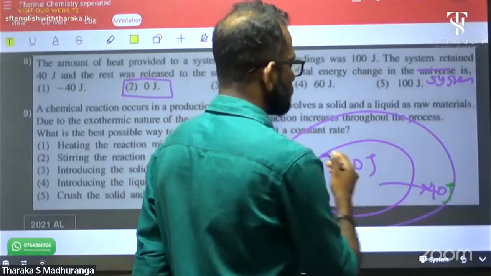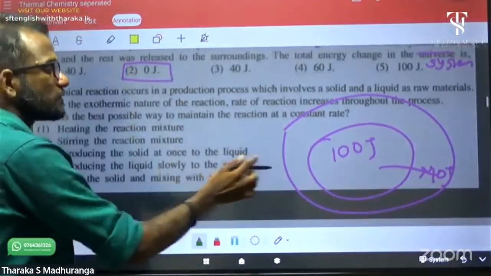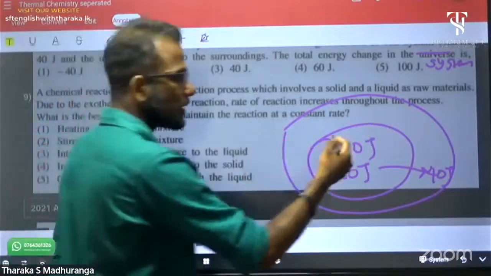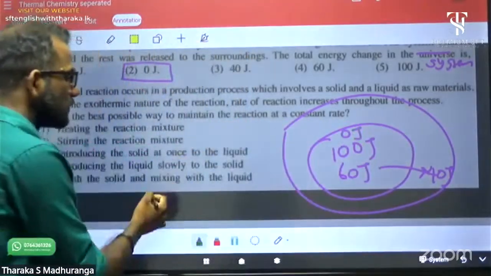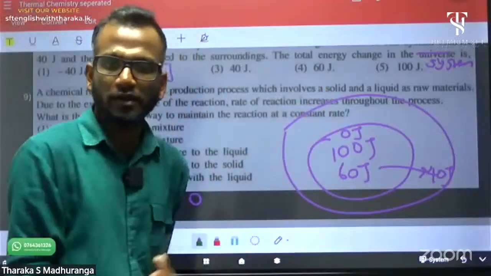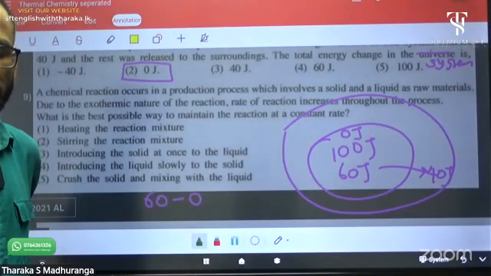The system energy difference: now 60 joules remain. Initially no energy, right? Initially 0, now 60, final minus initial is 60, right?